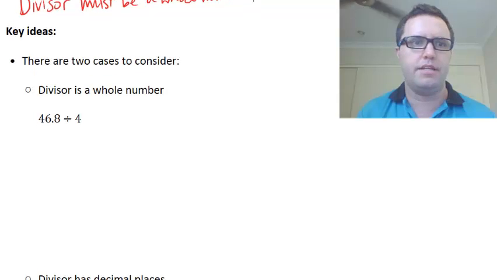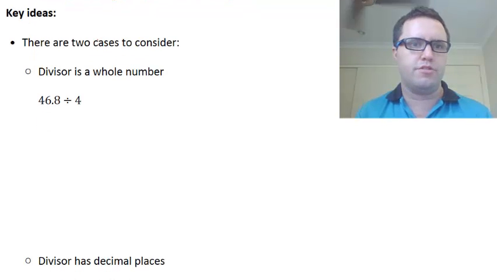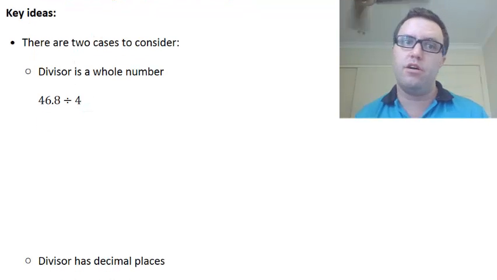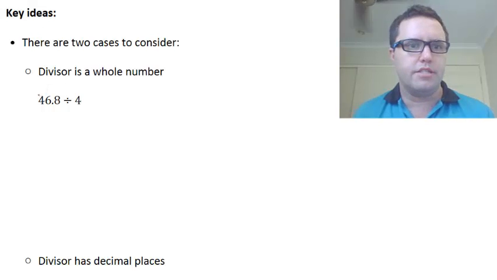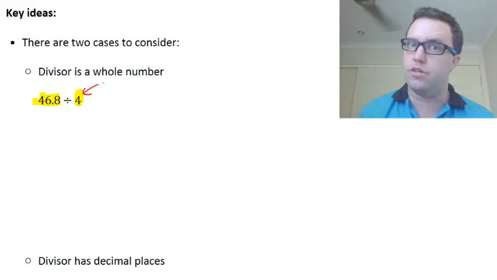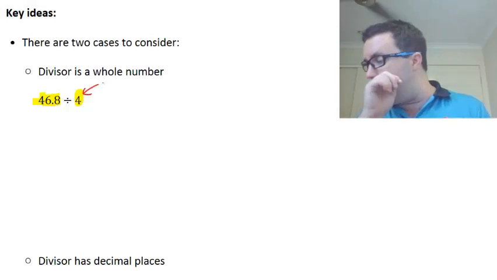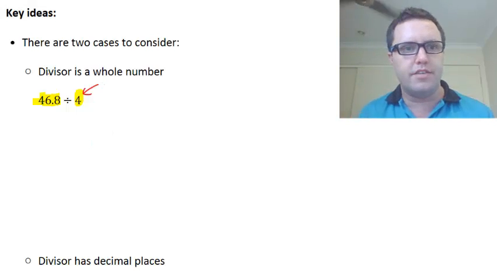The first one is when our divisor is a whole number. This number here is a decimal, this one's a whole number. Because the divisor is a whole number, we're able to go on as normal. We just set up our algorithm as normal.